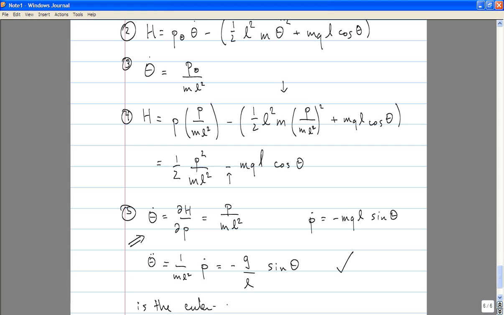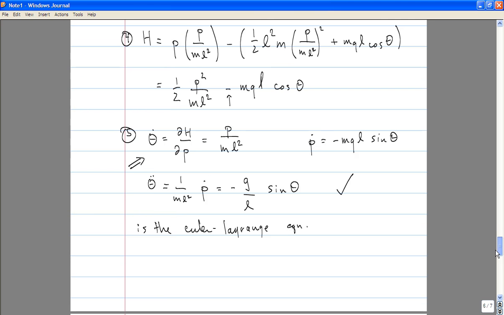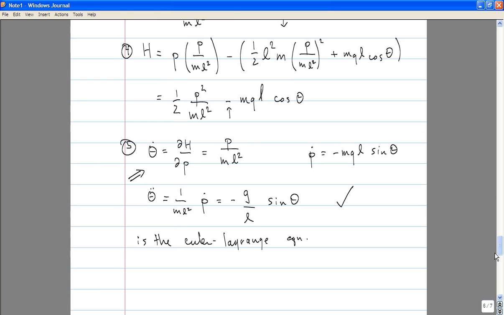Okay. So that was a very simple system where we were able to check very explicitly that the Hamiltonian and Lagrangian formulations were equivalent. Are there any questions on that?